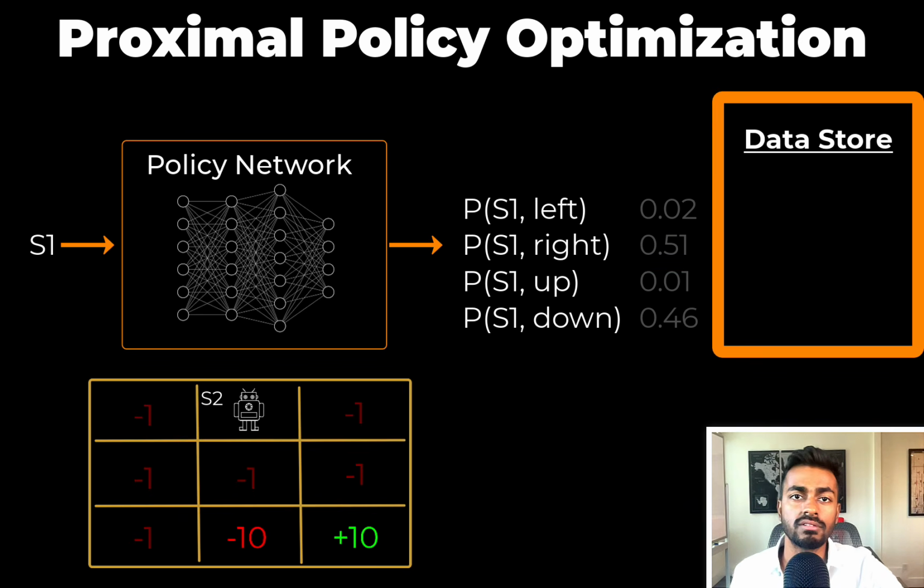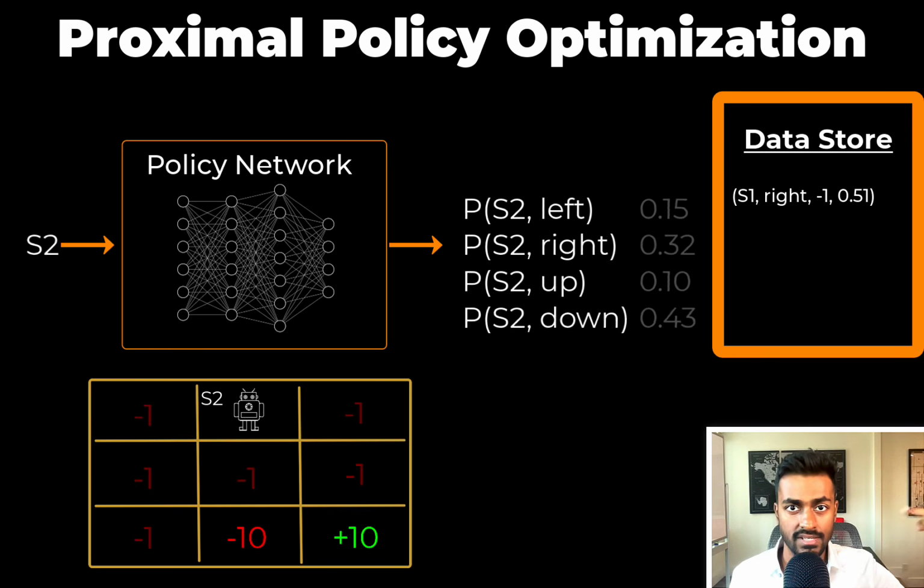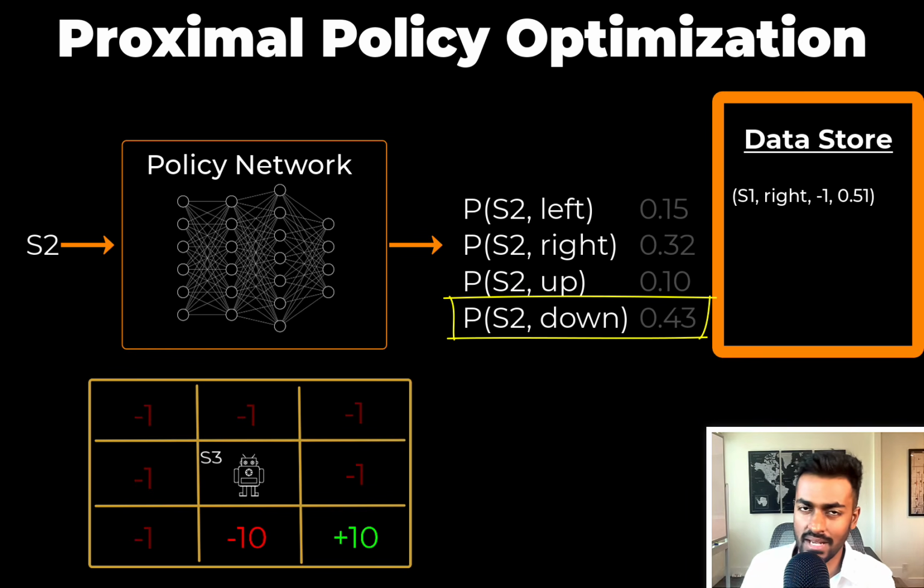We then store the quadruple of the state, action, reward, and action probability into a data store. This information will be useful when training the policy network and the value function network, and we'll talk about this later. We now repeat the sequence of steps for the episode, or some fixed number of time steps within the episode.